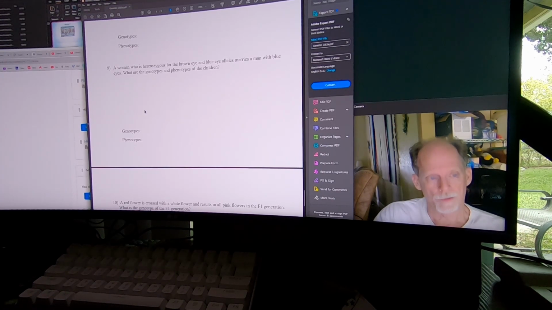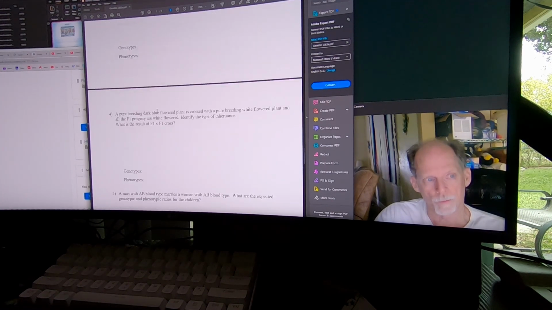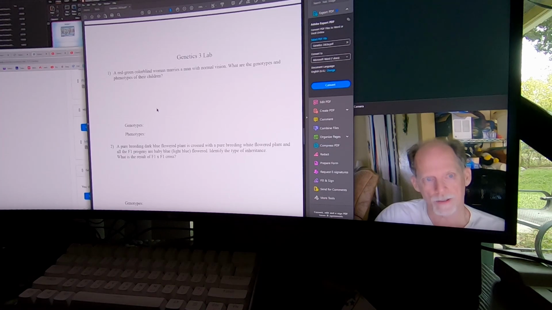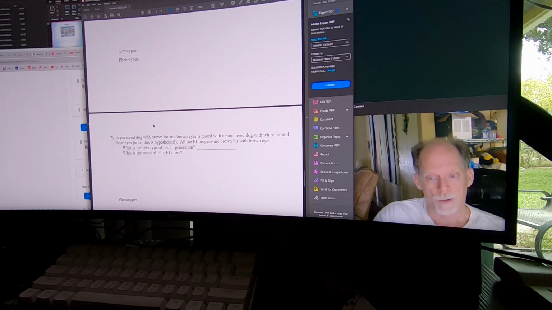And you get 4 points for the Punnett square and 4 points for the genotype. So you get 2 of these questions from question 1 to question 10. Those will be selected. Different lab sections may get different questions. So as long as you know how to do these 10 genetic problems, then you shouldn't have any trouble getting both of those right on the practical.